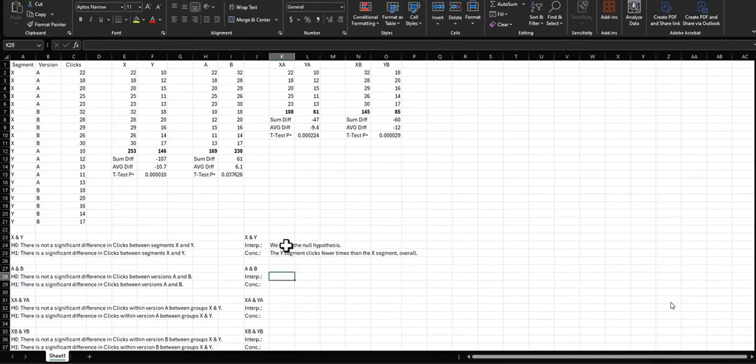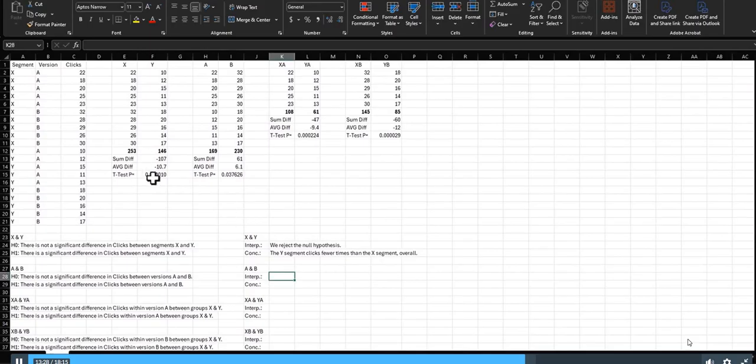So we have rejected the null hypothesis, and our conclusion is the y segment clicks fewer times than the x segment overall. That means we're likely going to see that negative correlation play out.